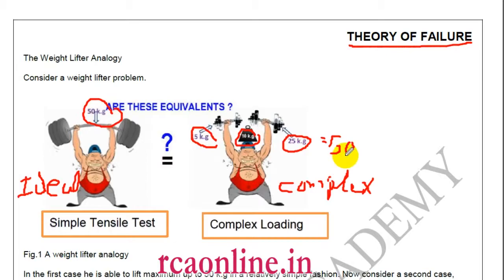In our engineering, this is represented by the simple tensile test, from which we get sigma y. And complex loading means bending, shear, axial and torsion, a combination of these.